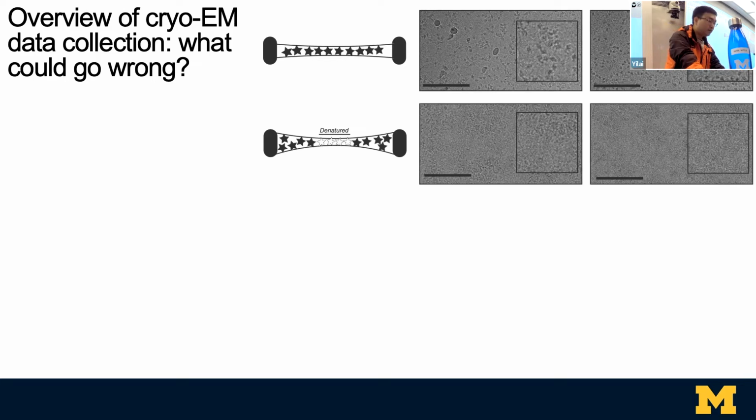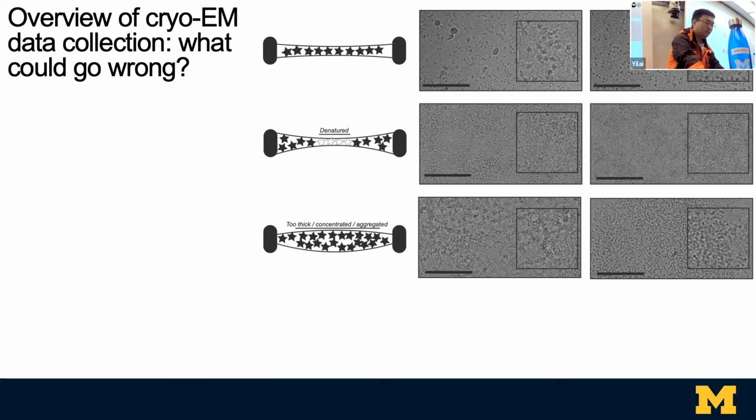But in many cases, either the ice is too thin, so your sample gets denatured, or it's too thick and the particles are too concentrated. You see all these aggregations, or images without high resolution information.